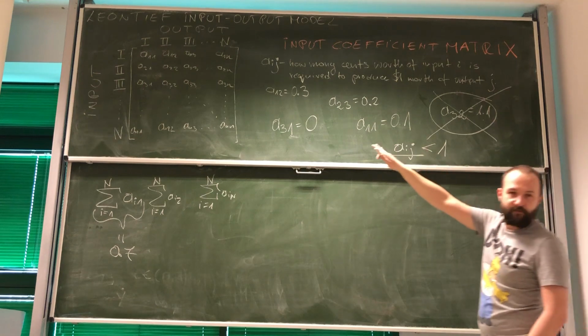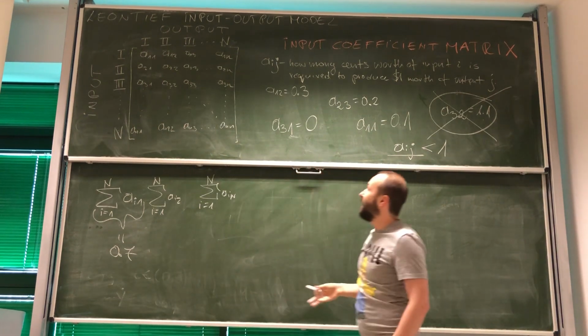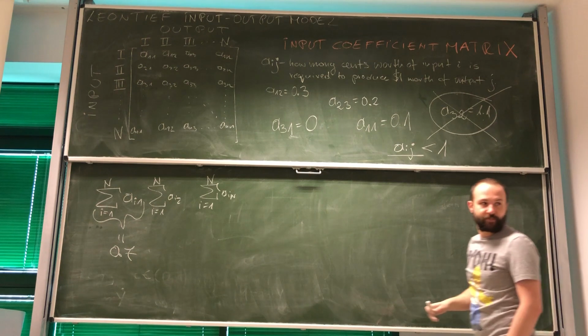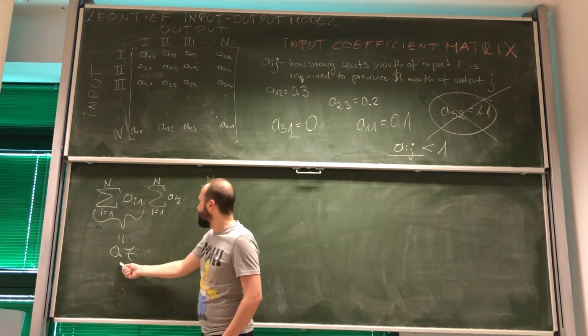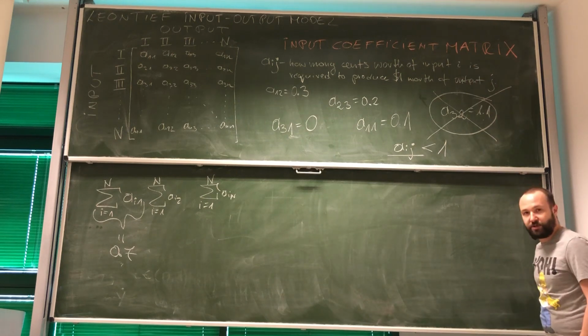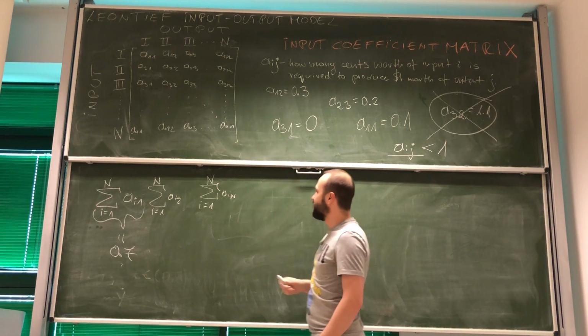Some of those coefficients might be 0, some might be big, some might be small, but in total we need to spend 70 cents on intermediate inputs in order to produce this good.